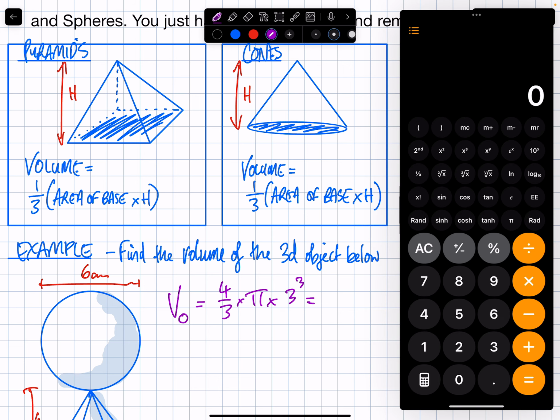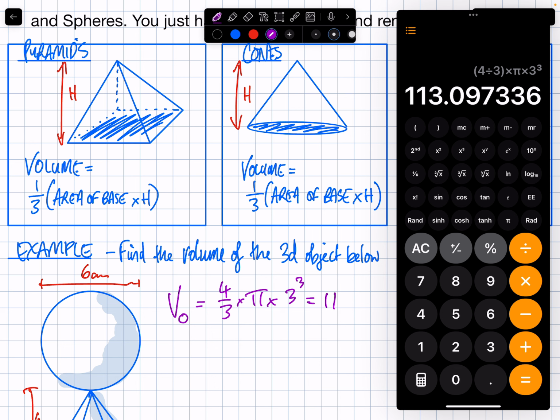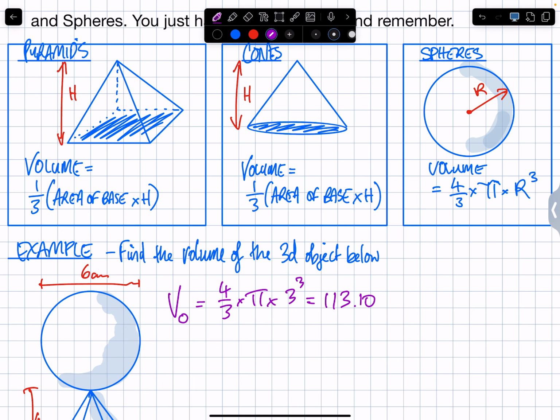The Apple calculator, they've really upgraded it now. I didn't realize that. 4/3, you can bracket it, times by pi, times by 3, and make sure you cube it. So that's going to spit out 113.10. Units would be cubic centimeters to 2 decimal points.